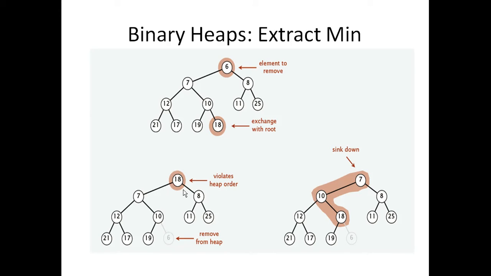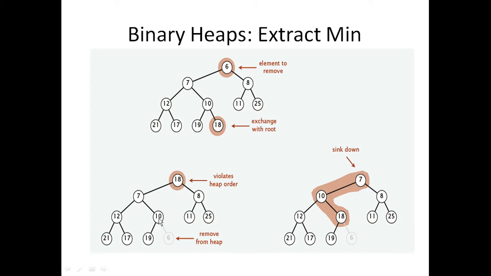How to do it? We compare the root node, that is 18, with both of its children. That is, we'll compare 18 with 7 and 8. Now obviously 7 is smaller, so 18 will be swapped with 7. So 18 comes here and 7 goes at the root. Again you compare 18 with its children, that is 12 and 10, of which 10 is smaller.